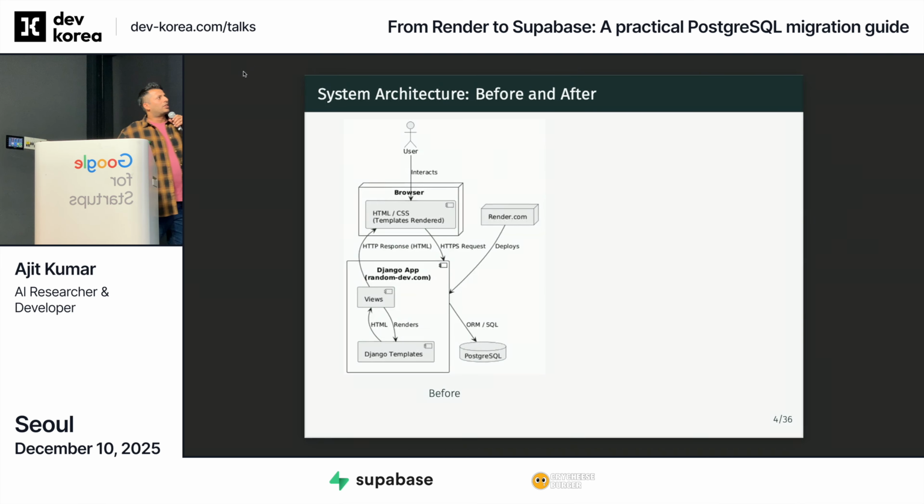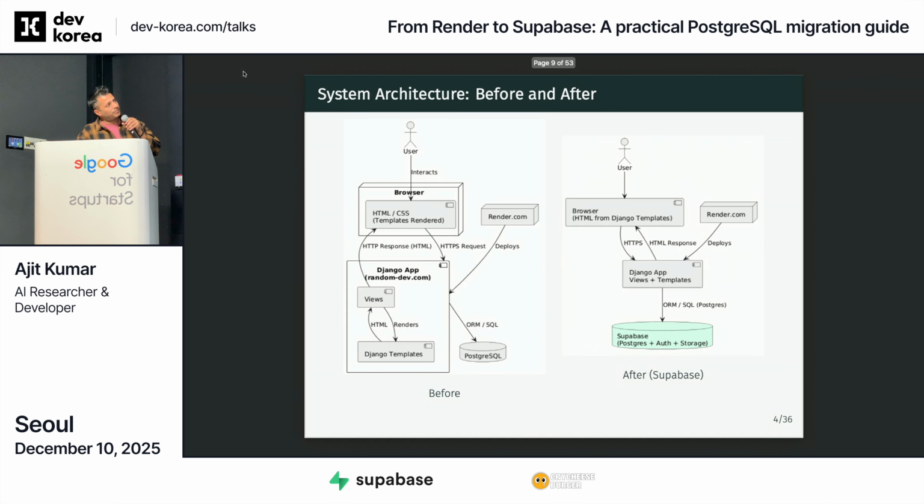So this is the basic Django architecture. Everything was a template front end, and Django was on the back end. Everything was on render.com. After migration, the base code and everything stays on render.com, and we just move the database to Supabase.